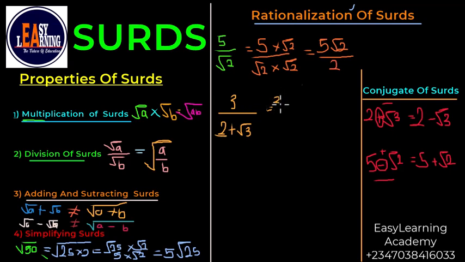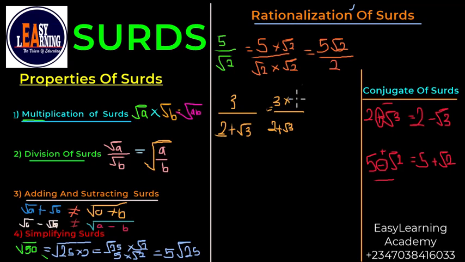So now we're going to have 3, and then all over the first one here, 2 plus square root of 3. Now, just like we did for the single one, multiplying with the surd that we have in the denominator, we're going to multiply it, but this time around we are multiplying it with the conjugate.